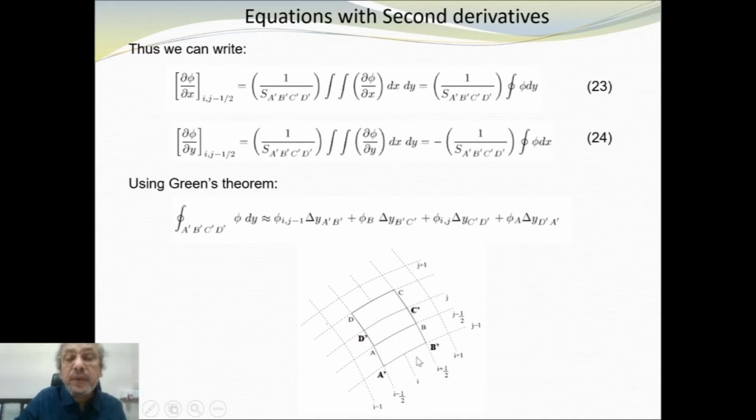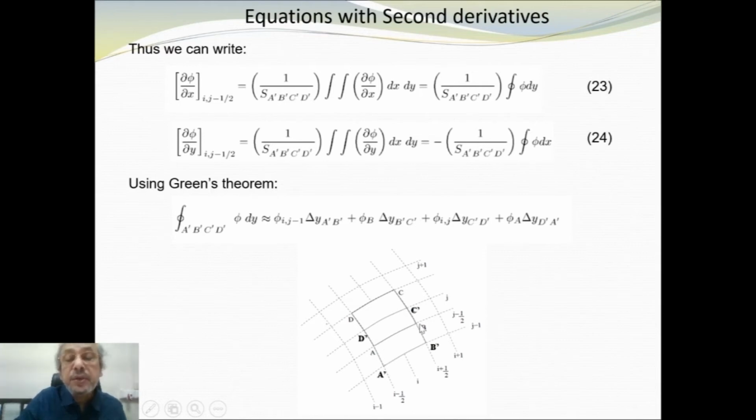That completes the integration, and that means the line integral of equation 23 is evaluated. If we divide it by the area, we are through. We get del phi del x at i, j minus half, this point. That was what was of interest.